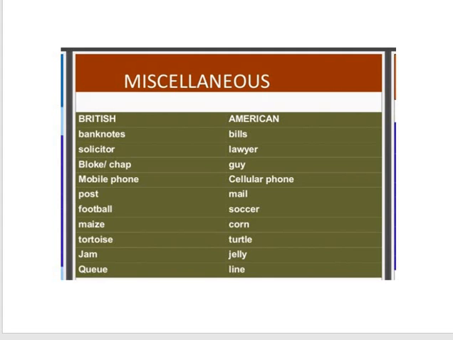Solicitor, lawyer. Chap, guy. Mobile phone, cellular phone. Post, mail. Football, soccer. Maize, corn. Tortoise, turtle. Jam, jelly. Queue, line.